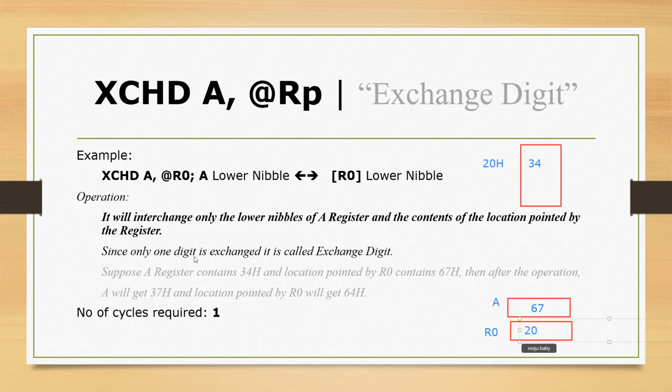Since only one digit is exchanged, it is called exchange digit. So suppose the register A contains the value 34 and the location pointed by the register R0 contains the value 67.